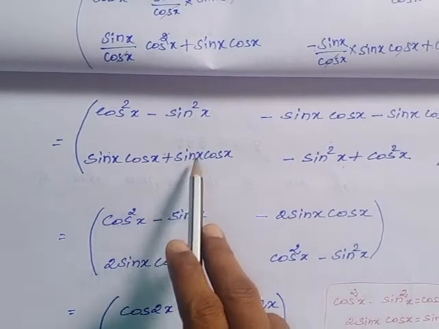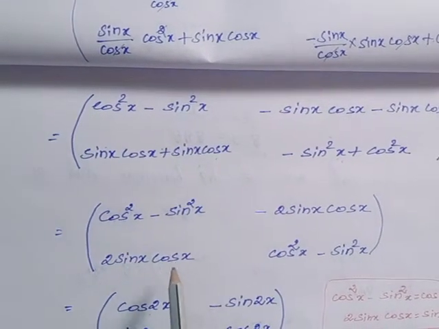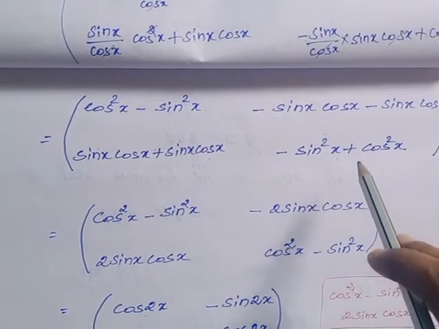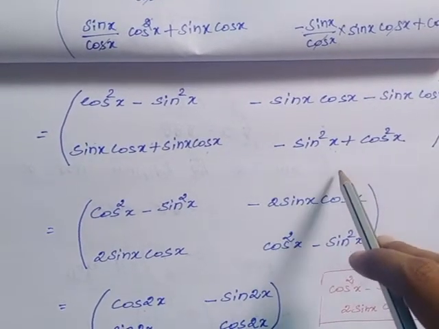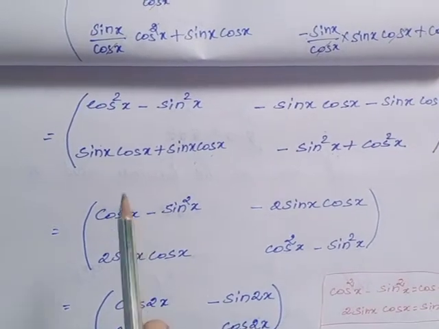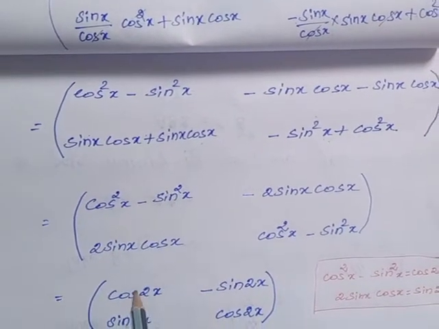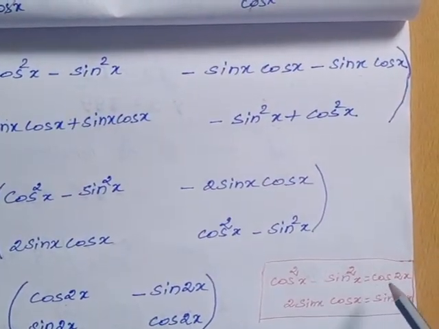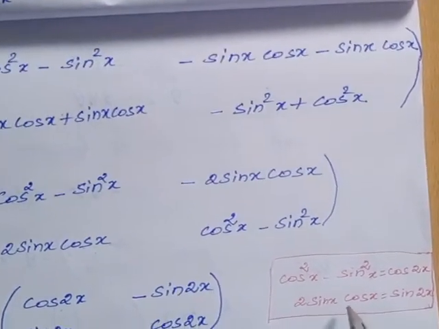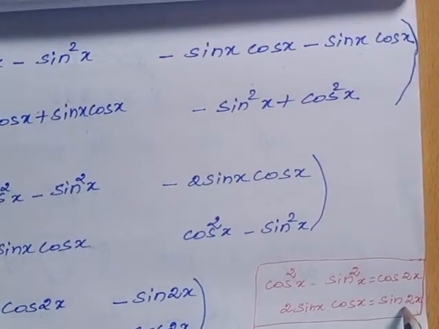Here sin x cos x plus sin x cos x is 2 sin x cos x. This term you have to just rearrange: cos square x minus sin square x. You know the formula, cos square x minus sin square x is cos 2x, and 2 sin x cos x is equal to sin 2x.